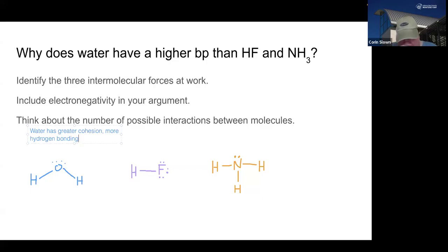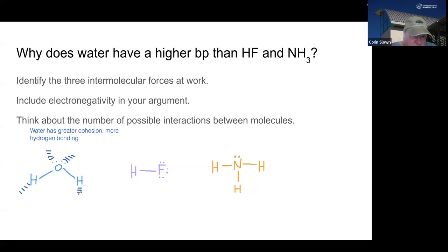If you want to think about that, it's because, where can I form a hydrogen bond? Well, I can form a hydrogen bond here at this hydrogen. Let me change to a different color. So this can form hydrogen bonds, this can form hydrogen bonds, this can form hydrogen bonds, this can form hydrogen bonds.